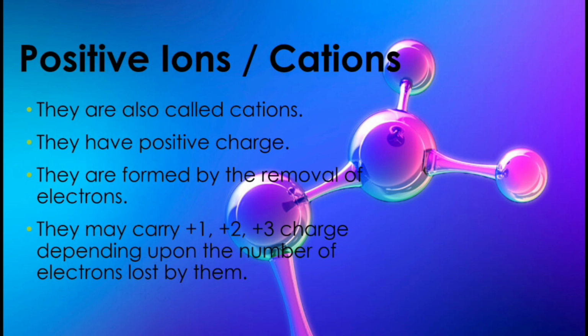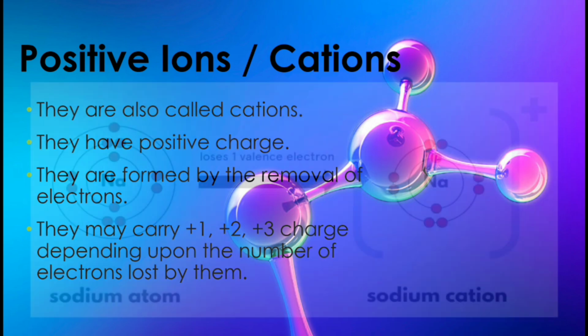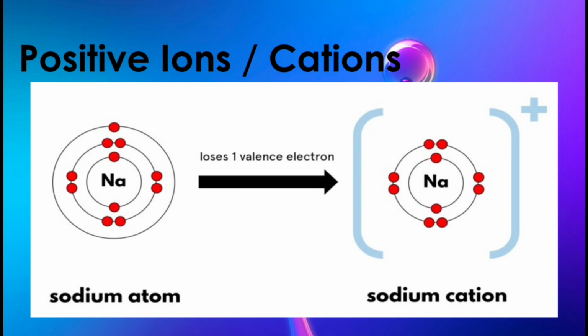Now let's talk about the properties of positive ions or cations. Positive ions are also called cations. They have a positive charge. They are formed by the removal of electrons and they may carry positive 1, positive 2 or positive 3 charge on the basis of the number of electrons lost by them. For example, suppose we have a sodium atom.